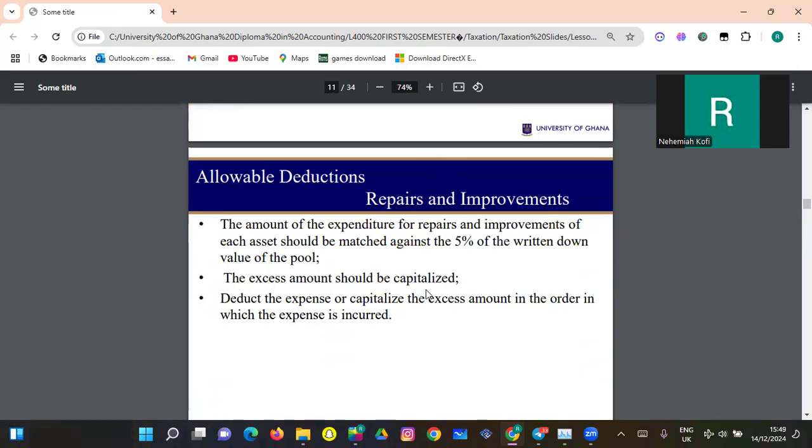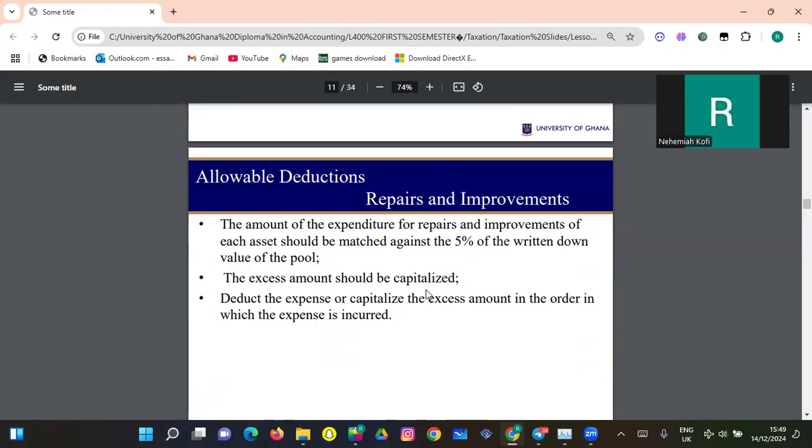So if, let's say, the repairs and improvements is 3,000, right? Remember, we are using the 50,000 example here. So 5% of 50,000 gave us 2,500, and now the repairs and improvement is rather 3,000.